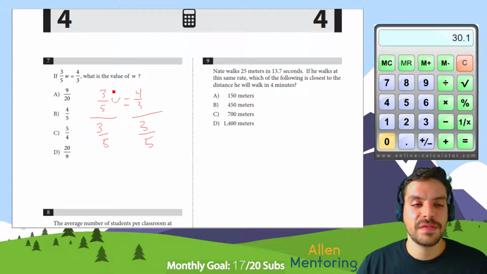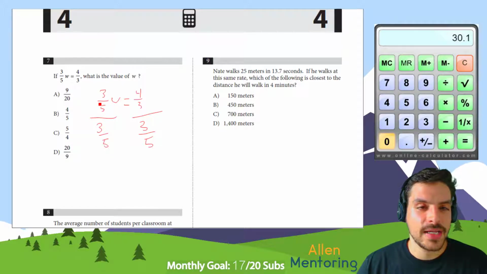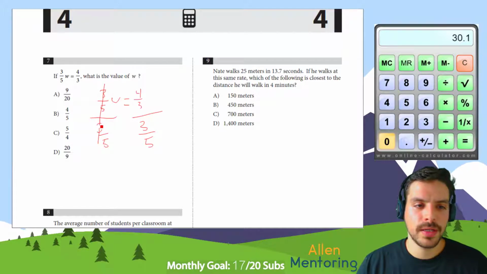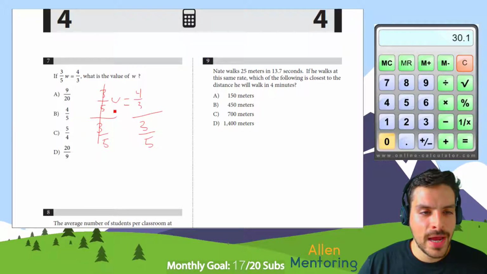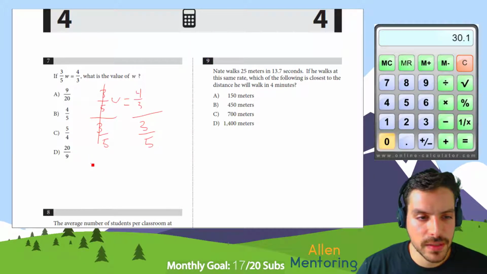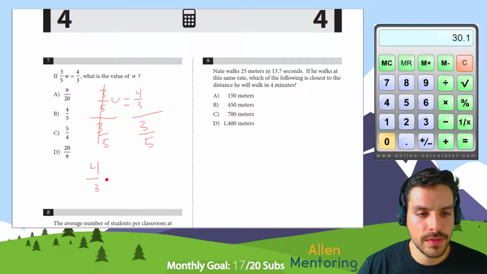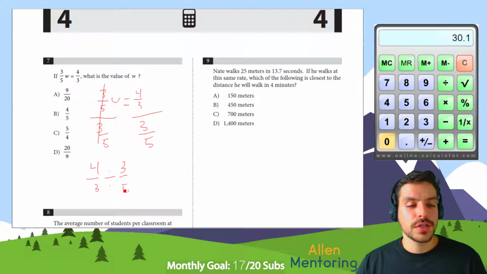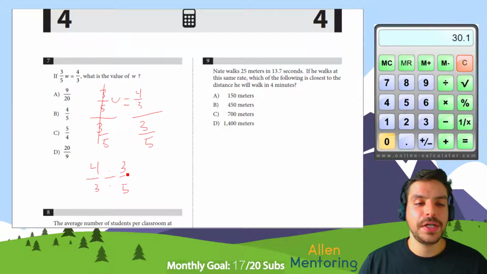What is 3/5 divided by itself? Just like any other number, it will cancel out because it will just be 1. So now w is equal to 4/3 divided by 3/5. To solve this, we just do keep, change, flip.